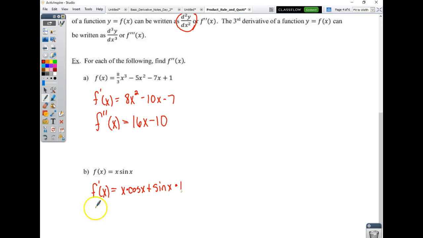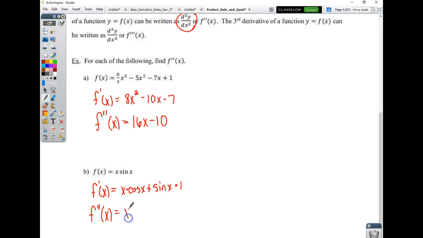So if I take the second derivative, this is where things get terrible. I have to take the derivative of x cosine of x first. So the derivative of x cosine x is another product rule, because we have a product again. Oh, snap. This is bad. So what do we get?